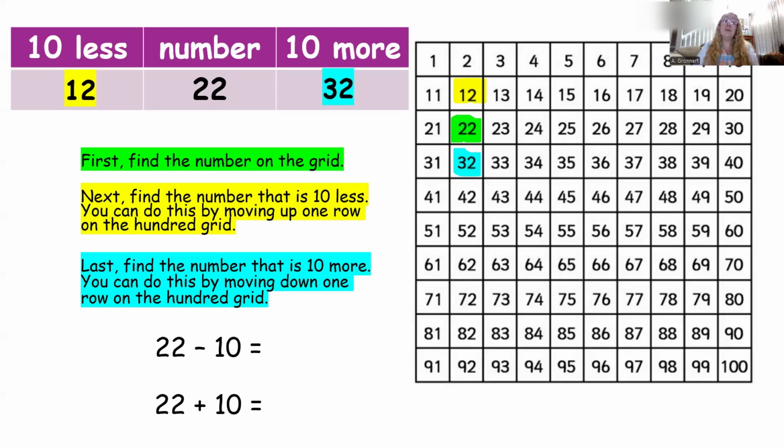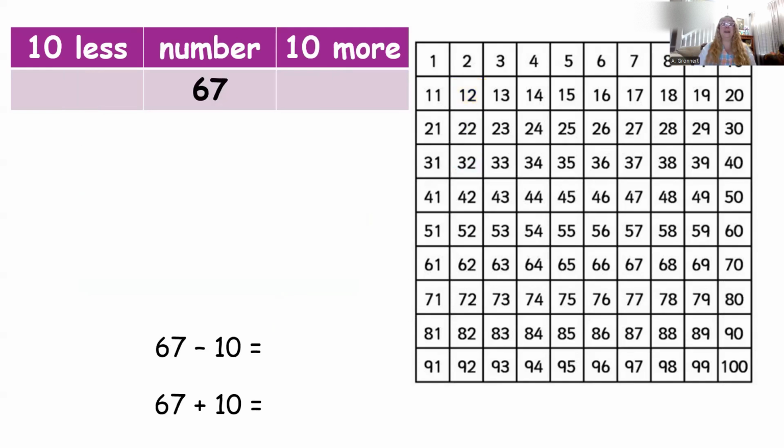Now we can write that into the chart. 10 more than 22 is 32. And now we can solve our equations. 22 minus 10 is 12, and 22 plus 10 is 32. Wonderful job. Okay, let's do another one.